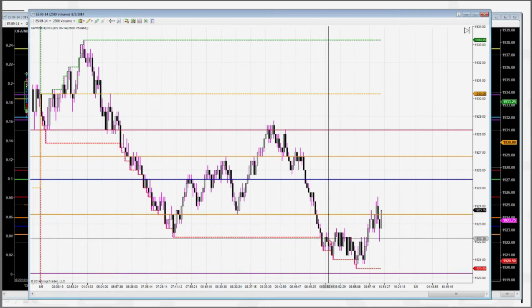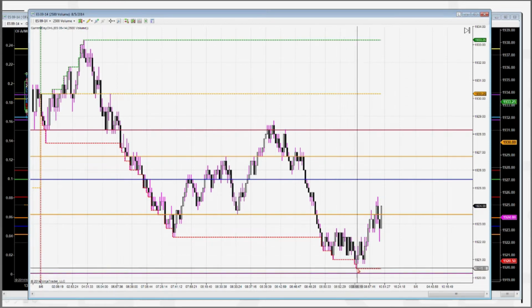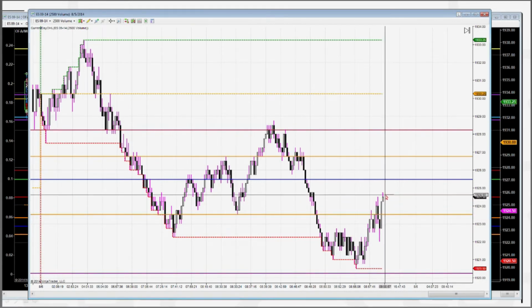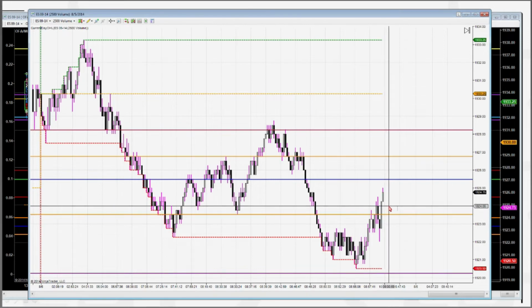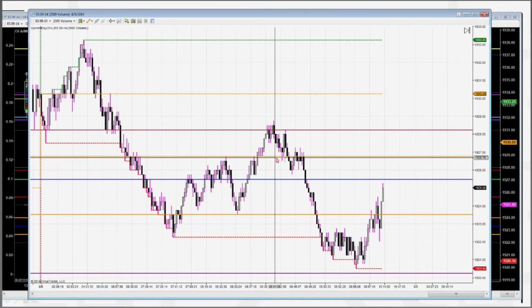Once it broke through opening swing low, the likelihood, and this was at news, was that it was going to keep exploring and probing lower. You can see it's having some issue around opening swing low right now, but it looks like it's going to make some progress. So these just become levels after the open that I pay attention to.